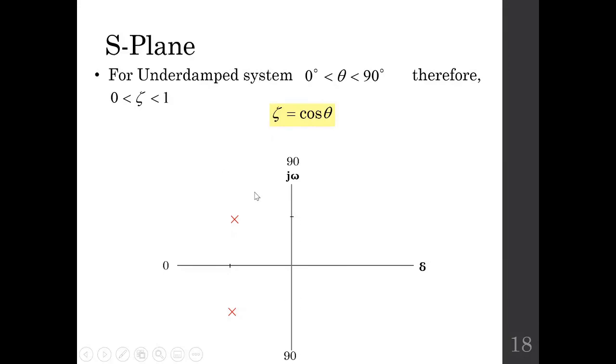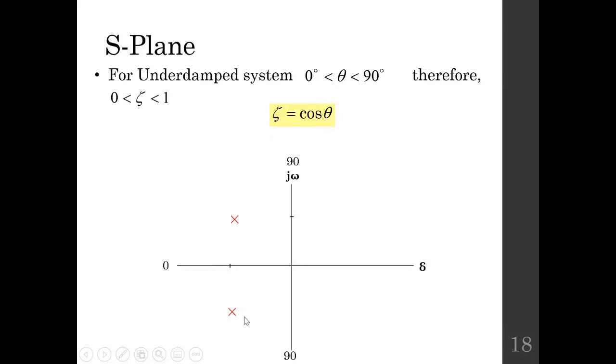So if the theta value lies between 0 and 90 degrees, between the negative real axis and the positive imaginary axis, and the negative real axis and negative imaginary axis, it means your theta is between 0 and 90 degrees here, and 0 and 90 degrees here.